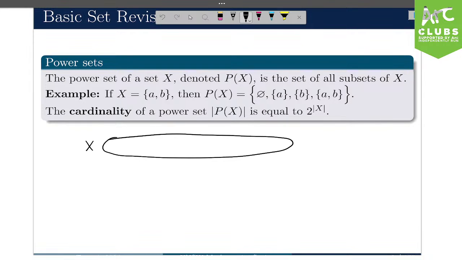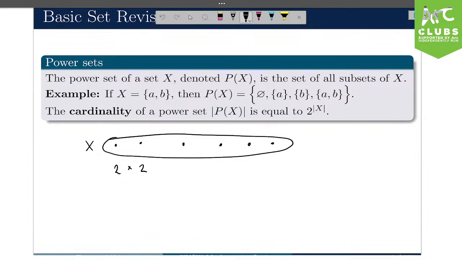If this is our X, and we've got however many elements here, to create a unique subset of this set X, we ask ourselves, is the first element going to be in the subset? That gives us 2 options, yes or no. And then we ask the same question of the second one.